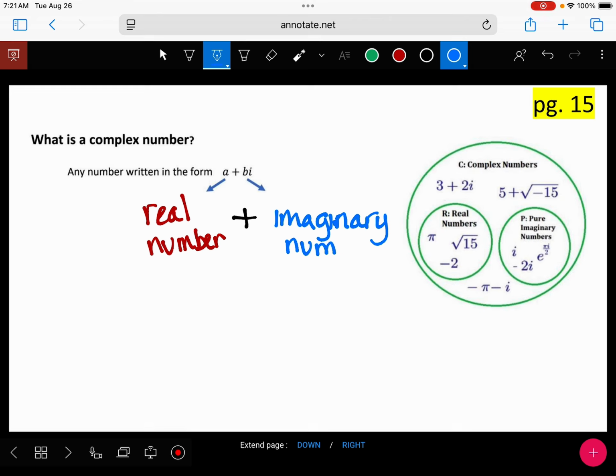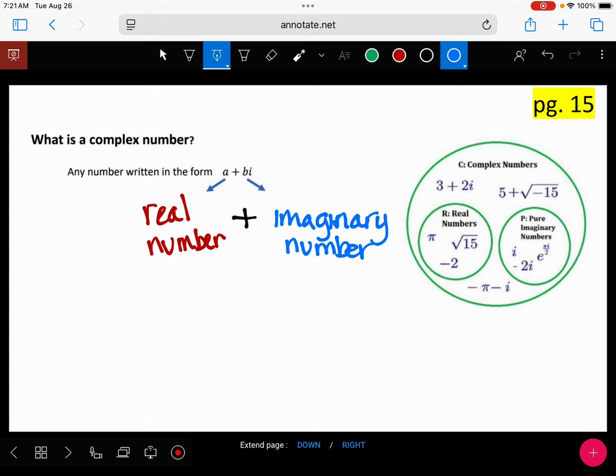All right. So what is a complex number? It's when you have a real number plus an imaginary number. That is what a complex number is. And when we do our operations, we simply combine our like terms. So it's actually pretty easy to do.